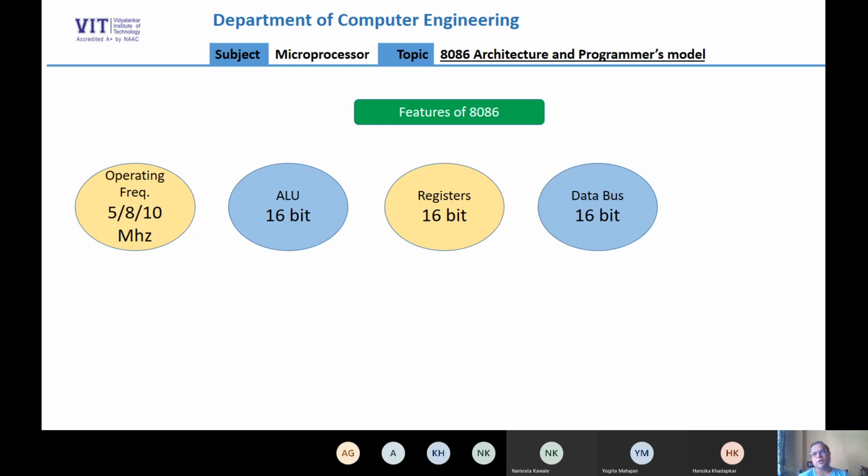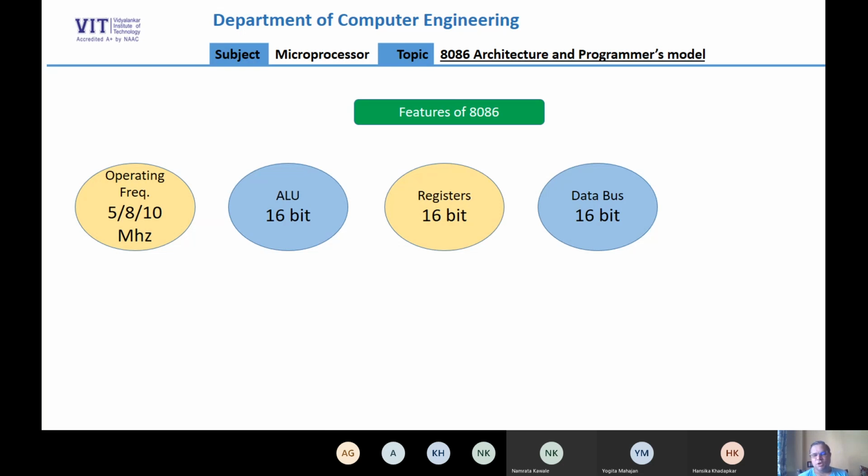One for getting the lower 16-bit part, the other for getting the higher 16-bit part from the memory location or from the device.